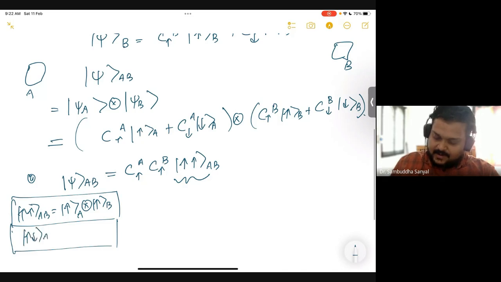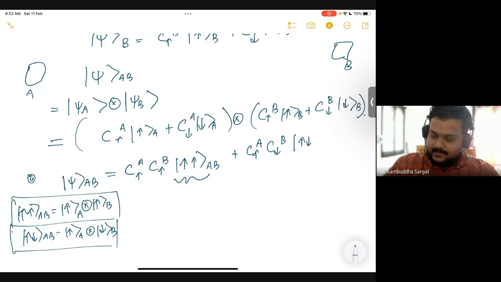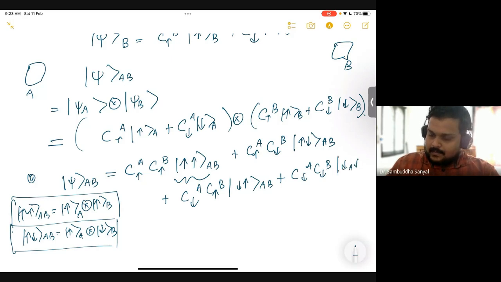So if I express this thing, this is C up A, C down B. I'm not writing it in this form, although this is also another way of writing it.